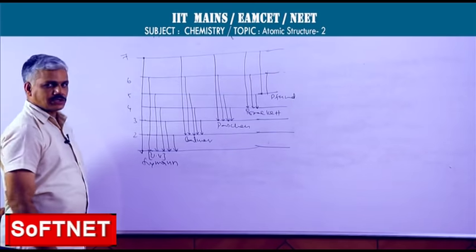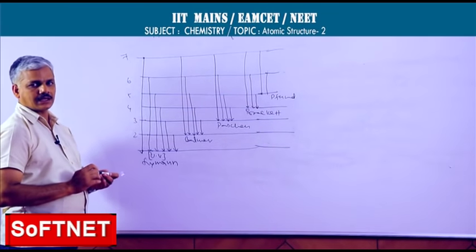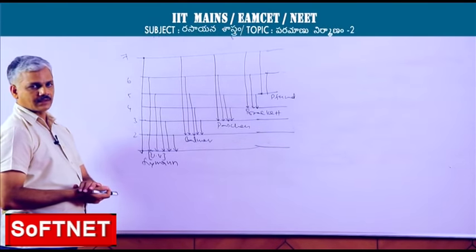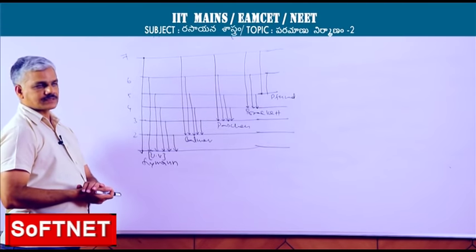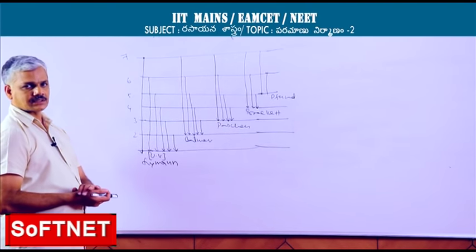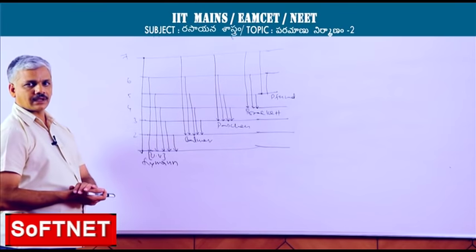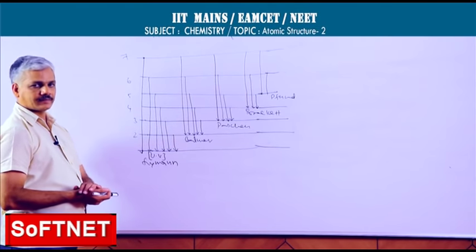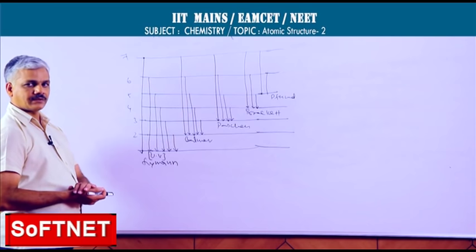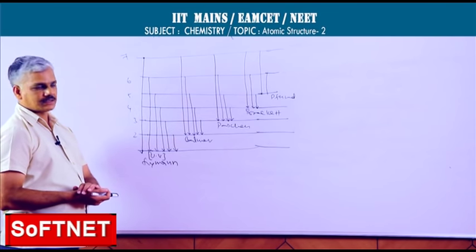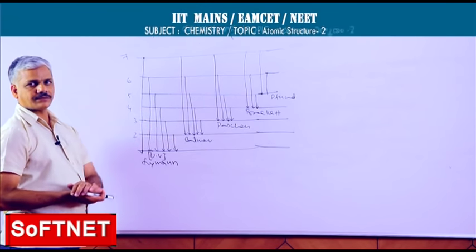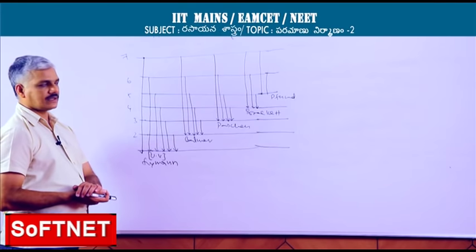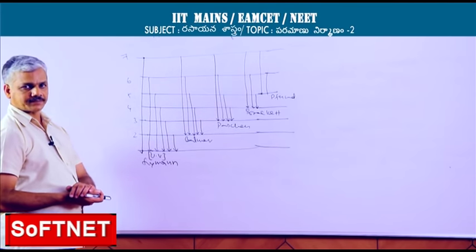Now, in the discharge tube, we cannot take a single atom of hydrogen. We take some specific quantity of the gas, which consists of a large number of atoms, and each atom may not absorb the same quantity of energy. That is why a very large number of spectral lines were observed in the hydrogen spectrum.